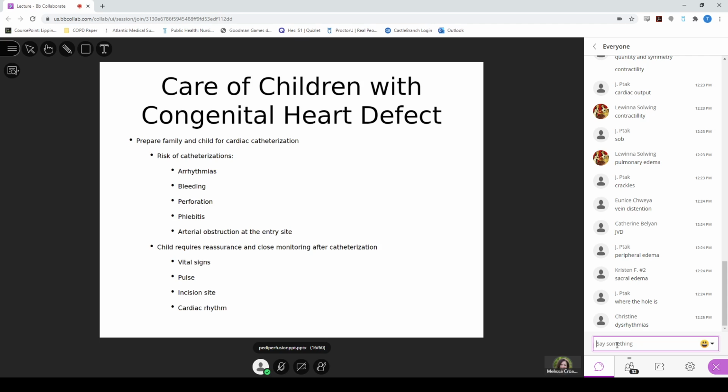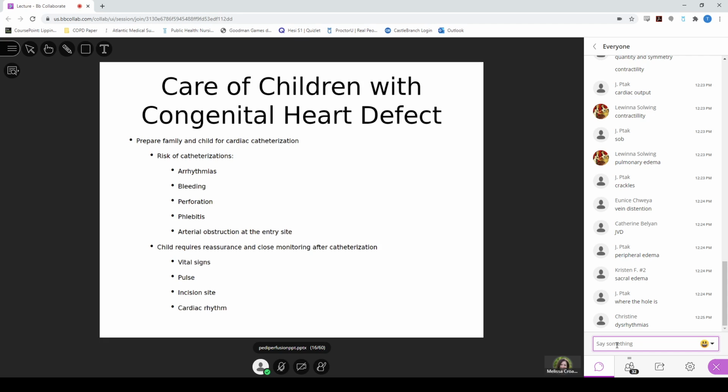So caring for these children, preparing the family and child for the catheterization, the risk factors of catheterization, you need to know these. That there's arrhythmias, they're at risk for bleeding, any type of perforation that goes on when you're in there. Anytime you have something that's a little bit small, think about the heart the size of a baby's fist, and you're going in with a catheter and could rip anything in there.